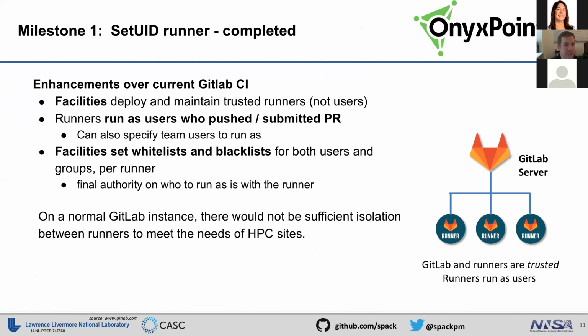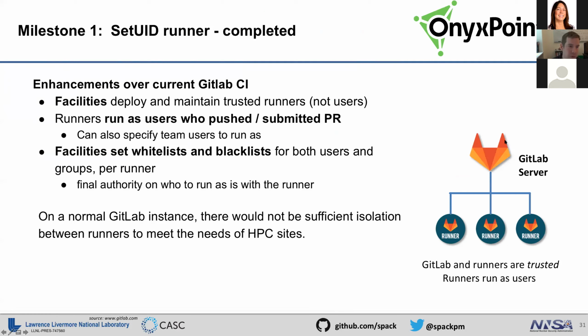So the setuid runner, this is something where you would have a GitLab server. It would be deployed by your site, and your runners would be deployed across your machines at the particular site. And the runners are set up to run your jobs as whatever user triggered the job in GitLab.